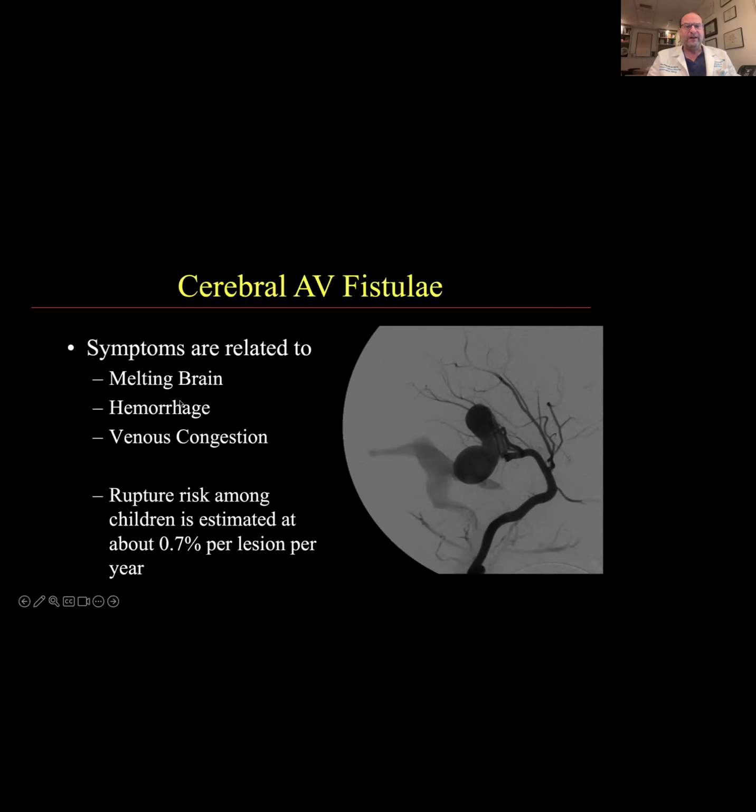As I said, hemorrhage is a major risk in these types of arteriovenous fistulae. This is the worst type of vascular malformation in HHT that you can encounter, but luckily it's also the rarest one of the different types of vascular malformation that we can see in patients with HHT.